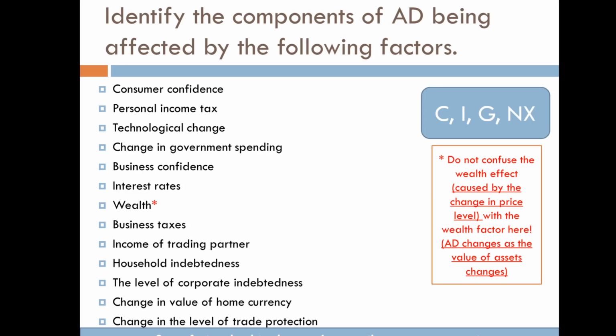What about number four? When there's a change in government spending, Ian. Ian, are you here? Yes, but I'm not sure if the microphone is working. It works fine here. So number 4, what do you think? The government expenditure will be affected.